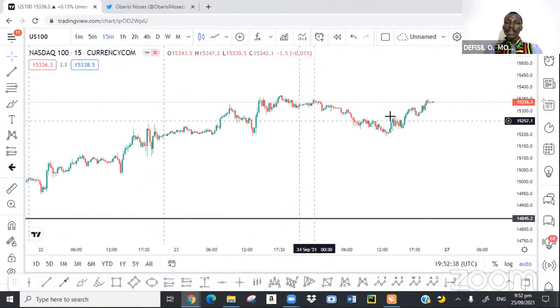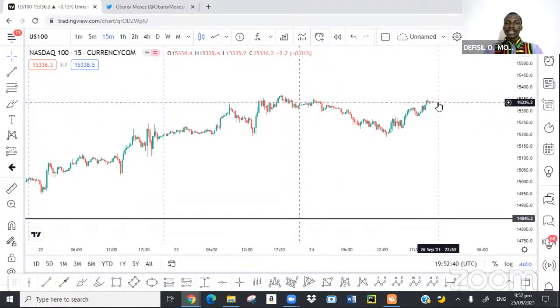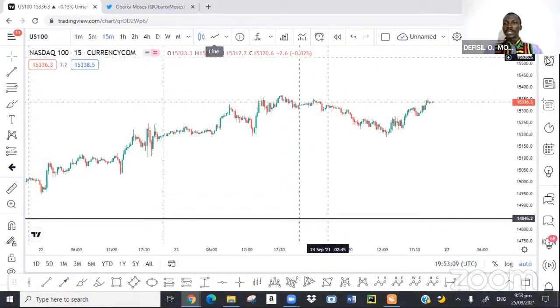On the 15 minutes, it looks like a selling opportunity to them, because we have a flat top over there, which they can consider before taking their sell. Okay, so that's for US 100 or NAS 100.